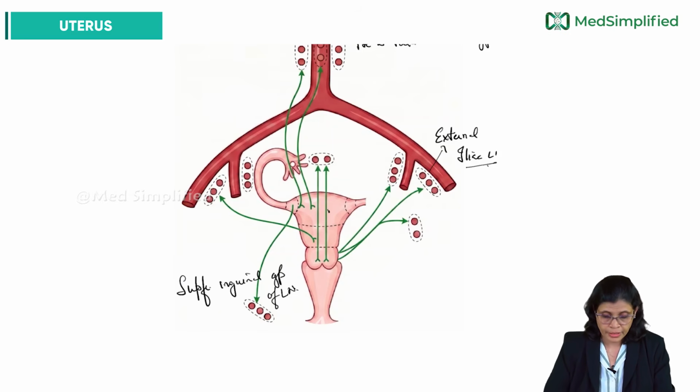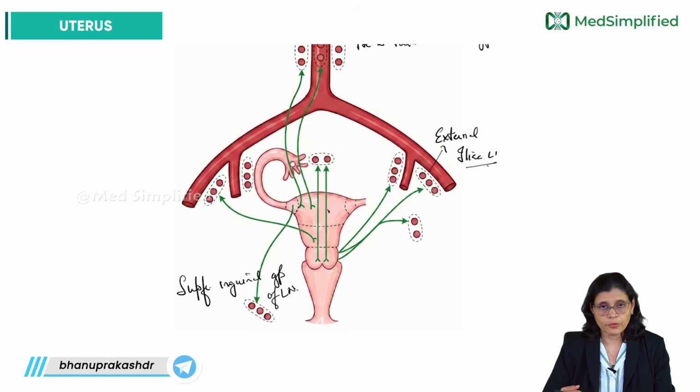So the upper part of the body drains mainly to the para-aortic nodes, and from the lateral angles to the superficial inguinal group, and the lower part drains to the external iliac group of lymph nodes.